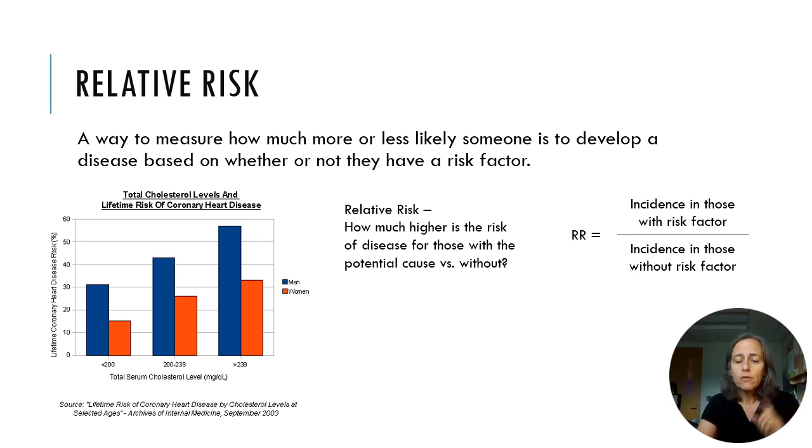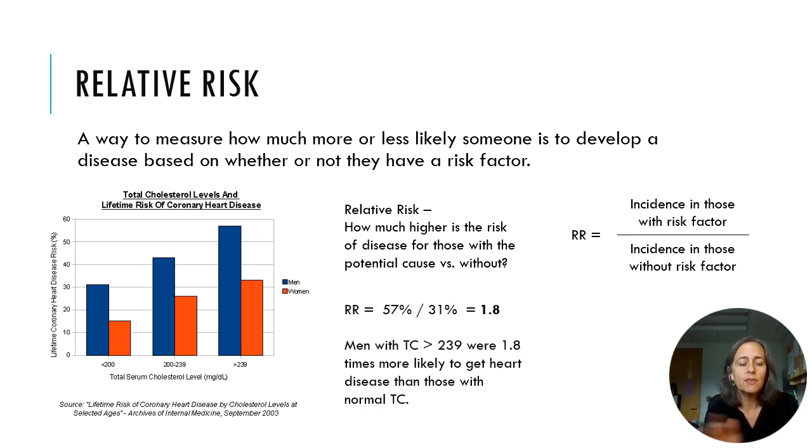So to calculate relative risk, you're going to look at the incidence of those with the risk factor and divide it by the incidence in those without the risk factor. Okay, so here we've got 57%. We divide it by 31%, and we get 1.8.